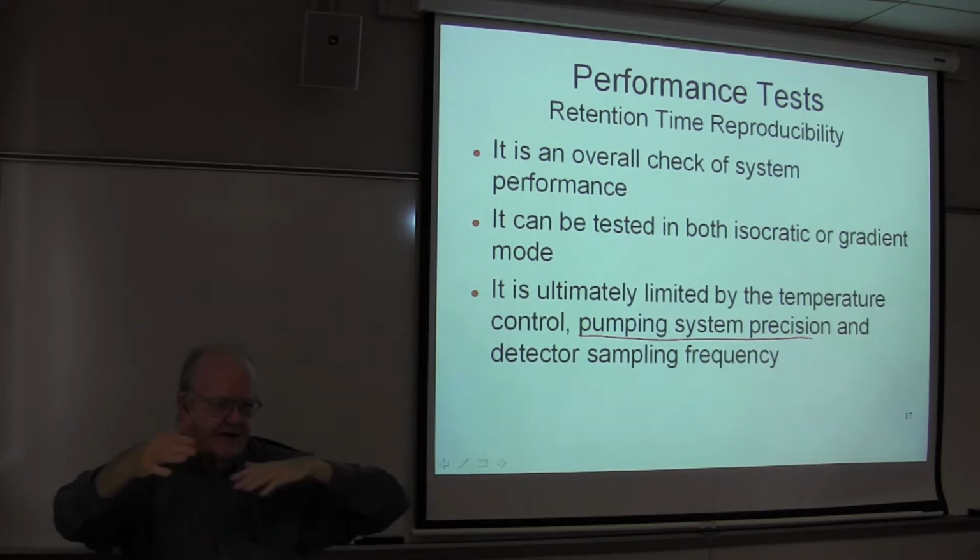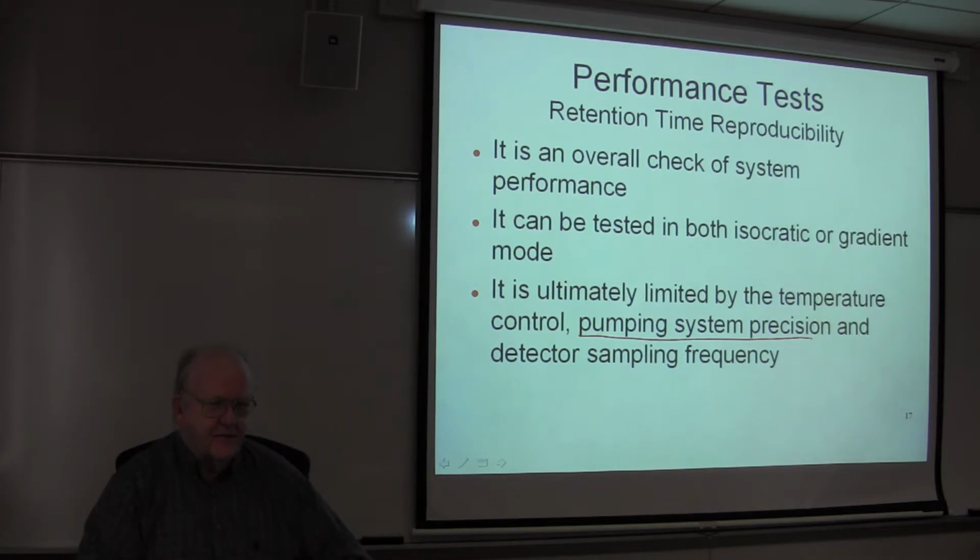If there's any imprecision in the flow rates, that's going to show up. But if you hand mix, you're going to get more reproducible results. So that's the way to see if your pumping system is really reproducible, is hand mixed versus machine mixed mobile phase.